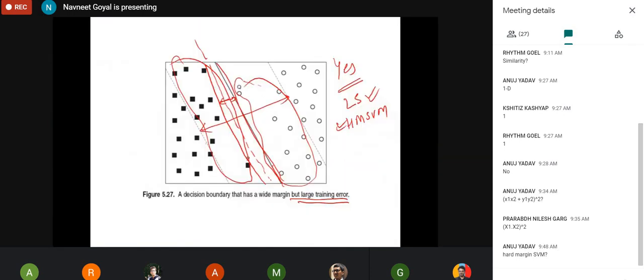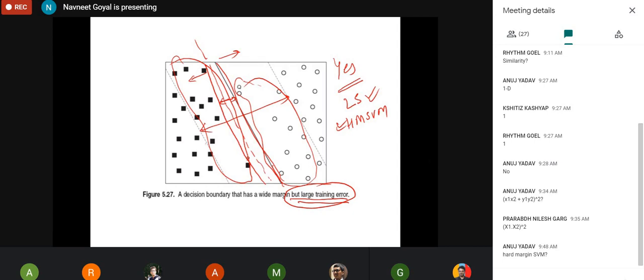What you should be doing is take the hard margin and keep expanding it. Move the boundaries to either side and stop when you have reached the threshold for the training error.